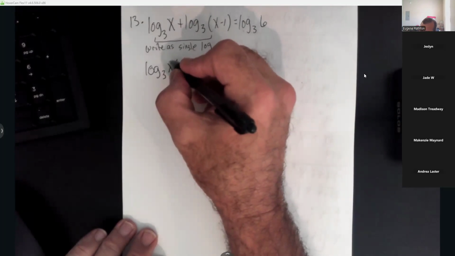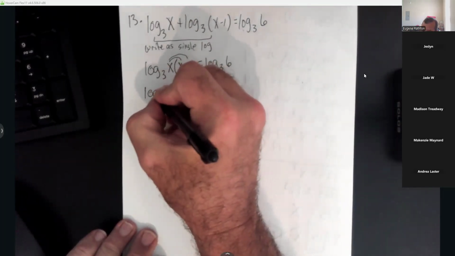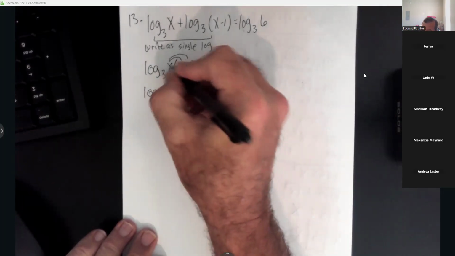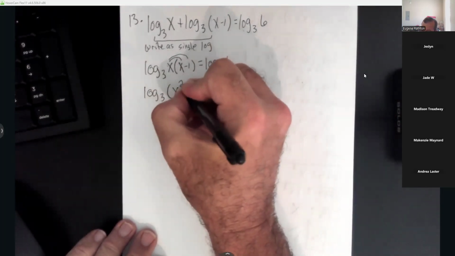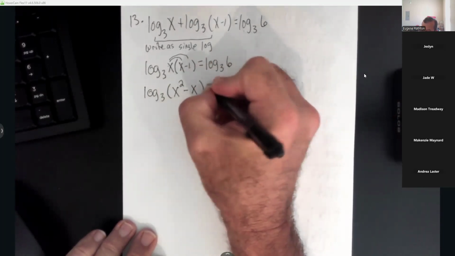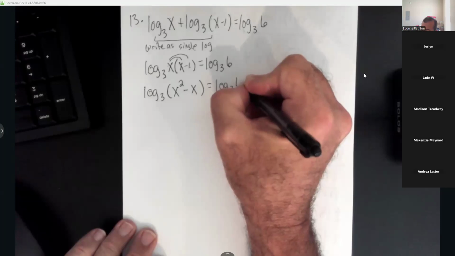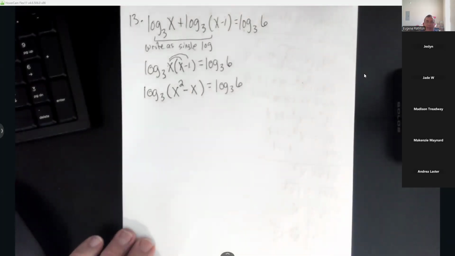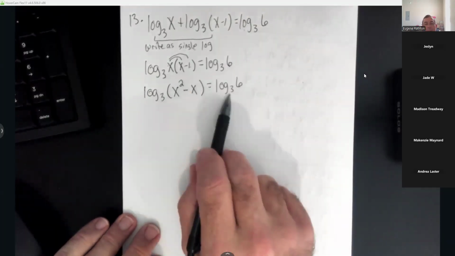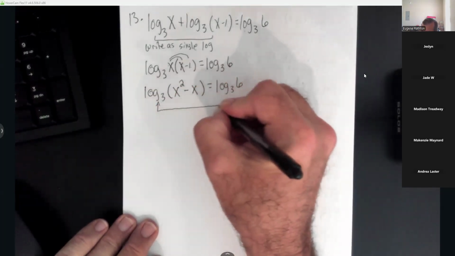Y'all, anytime I got a product, I go on and multiply that stuff out so that I get log base 3 of x times x is x squared, minus x times 1 is 1x, all equal to log base 3 of 6. But look at this one. You got log bases that match on each side.